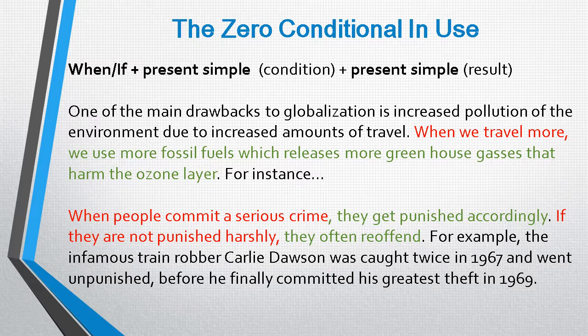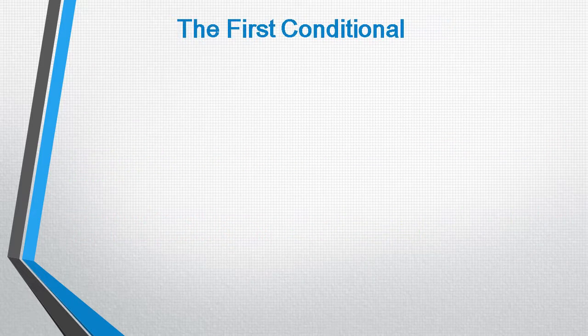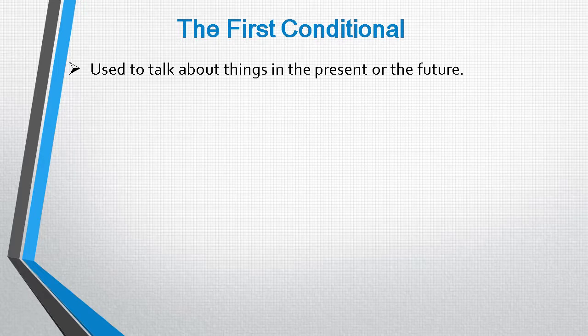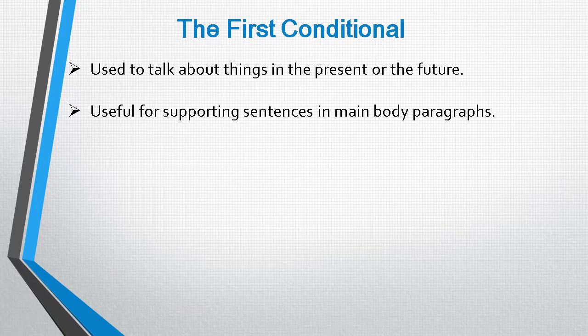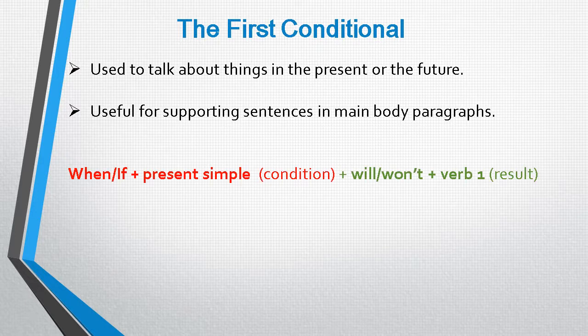So go ahead and make up specific examples that support your main points. Okay, let's have a look at the first conditional. The first conditional is used to talk about things in the present or the future, and again it's useful for supporting sentences in main body paragraphs. The structure is when or if plus present simple plus will or won't with verb 1.